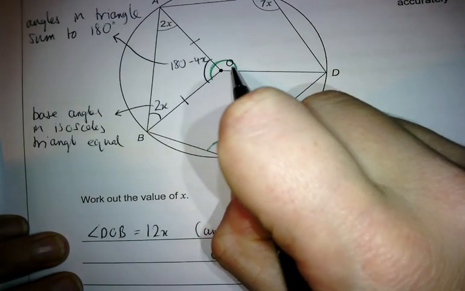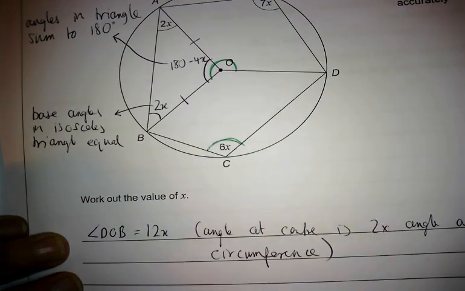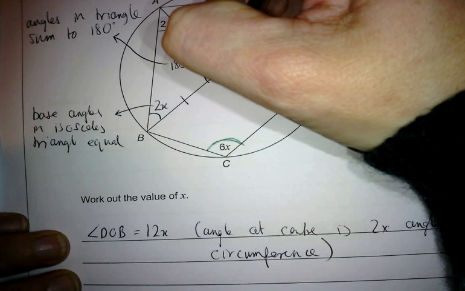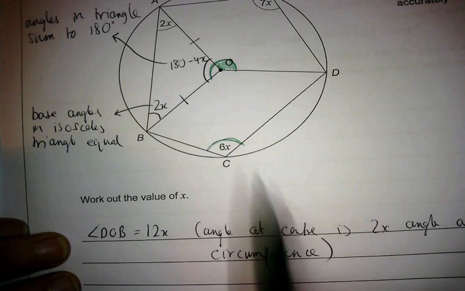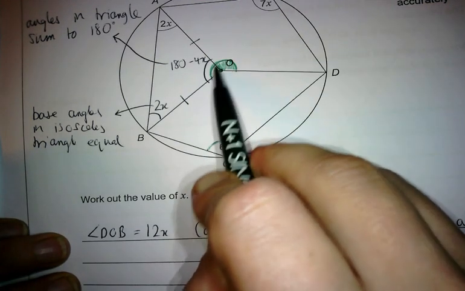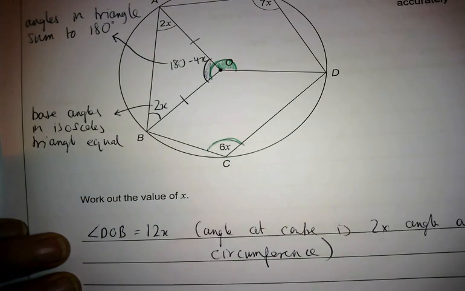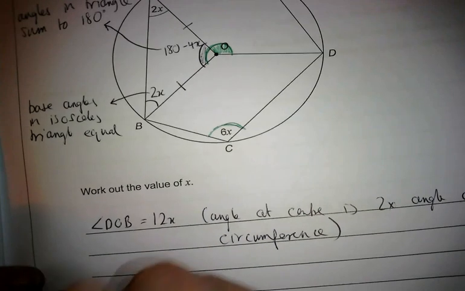I've worked out this angle is 12x, and I know that this angle is 180 minus 4x. So what I could do now is work out this angle here, which would be the whole green angle, 12x, subtract this black angle, the 180 minus 4x. So that's angle AOD.